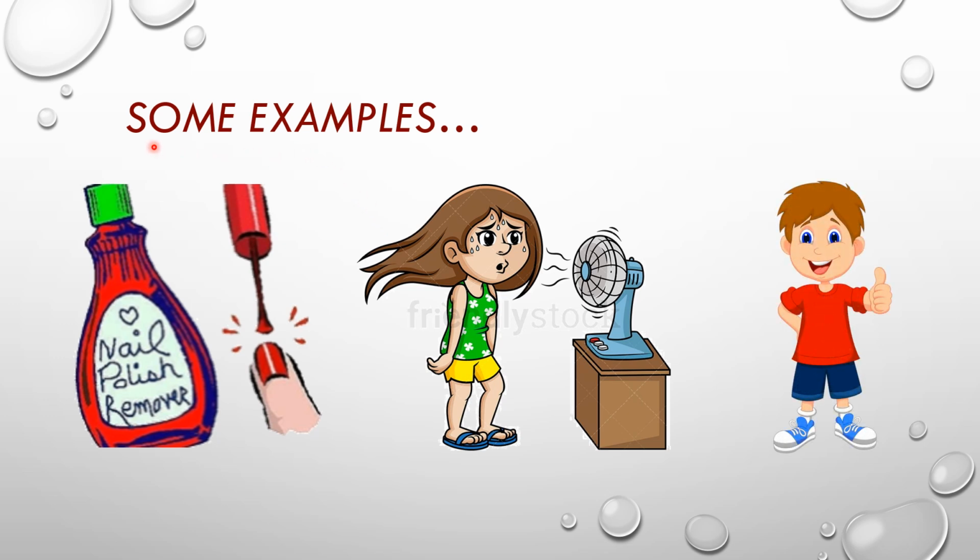Now we will see some examples from our daily life where we can feel the effect of cooling due to evaporation. Here you can see nail polish remover. We use nail polish remover to remove the nail polish from our nails.